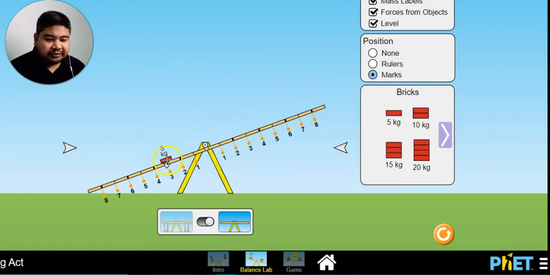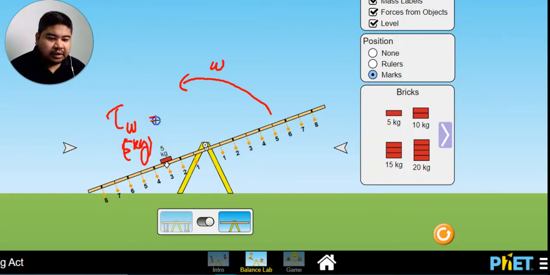The force that we apply to the beam caused the beam to rotate anti-clockwise. So the torque of the 5 kg weight, we are going to take as positive torque, because the force by the 5 kg is turning the beam anti-clockwise.